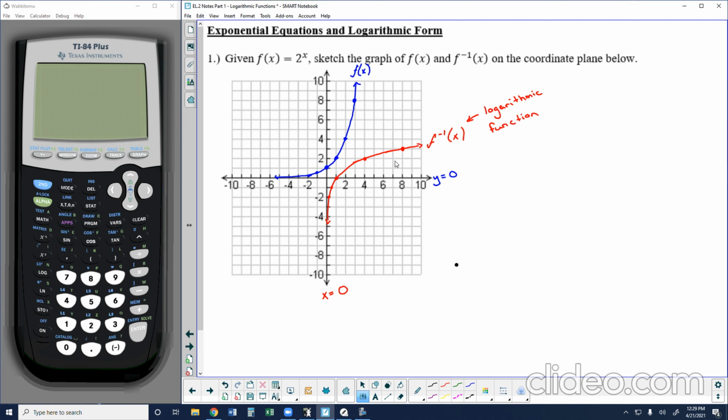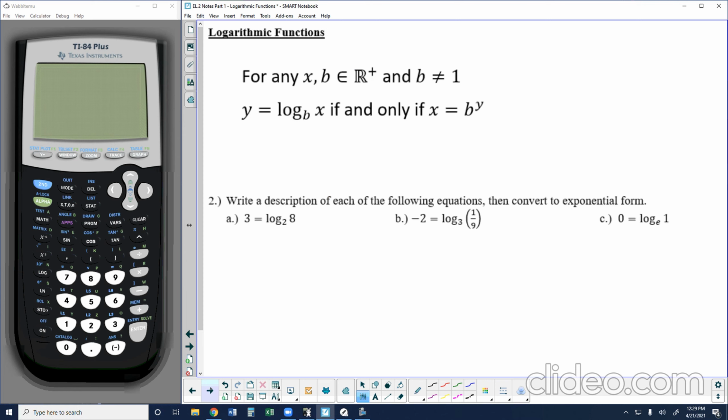And we can set up a definition for logarithmic functions, or logarithms, based on that of an exponential equation. So for any x and b that are positive real numbers, note this positive here with the double R means positive real numbers, so greater than 0, and b not equal to 1, it's our base, it can't be 1: y equals log base b of x if and only if x equals b to the y power.